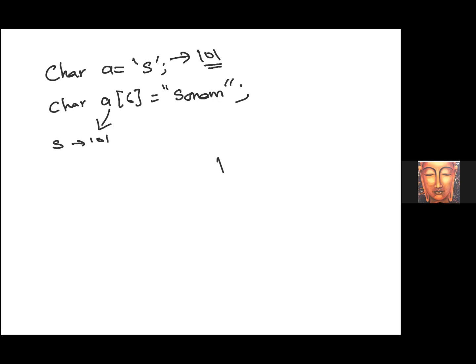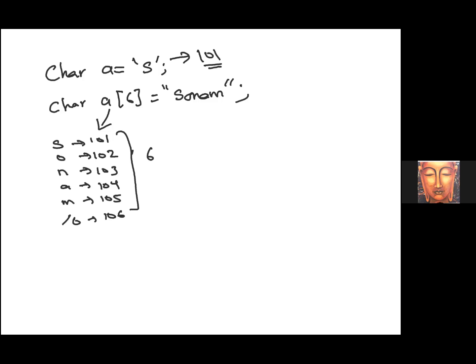If this is an array, then o is 102, since a character takes only 1 byte. Then n is 103, a would be 104, m 105, and finally null 106. So in total you require six memory addresses to store an array which has the value sonam.